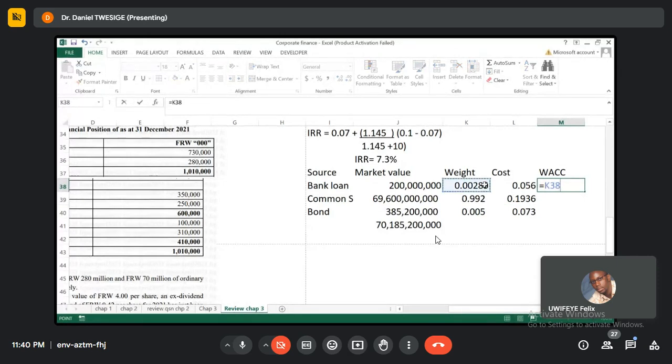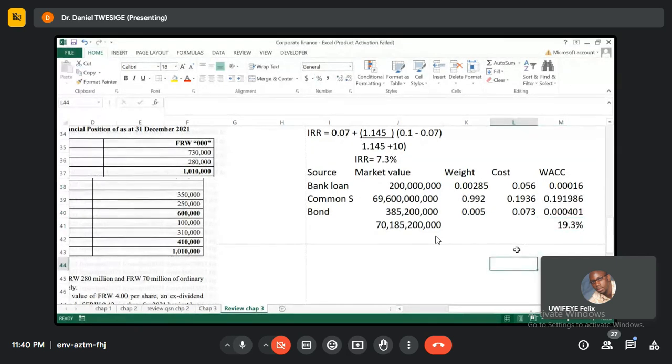So here I will multiply this times this, and I have 19.52. You multiply weight times the cost.